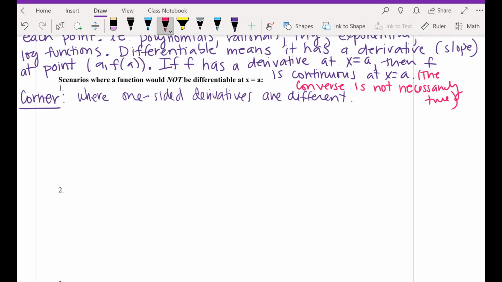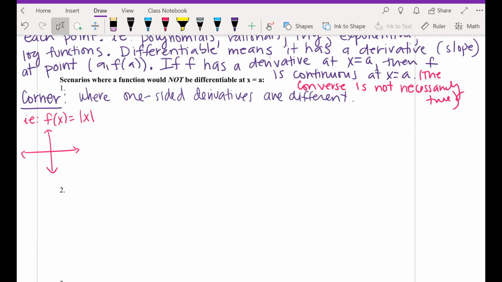So let me give you a function that you guys all know. f of x equals the absolute value of x. In algebra 1, how do we graph this out? What shape was that? A V. V shape it is. The problematic location is at x equals to what?